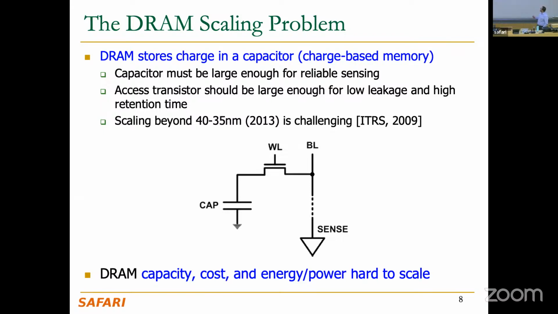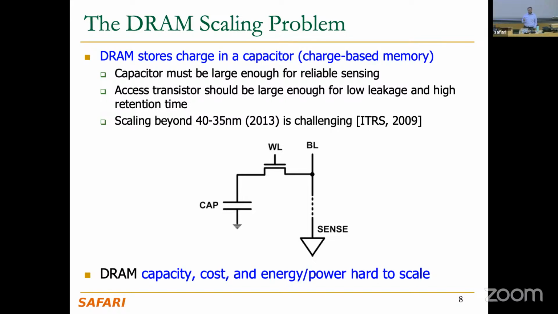This is a DRAM cell, and you store data in terms of capacitor charge here, right? So your capacitor needs to be large enough so that you can reliably sense the charge, and your access transistor should be strong. It shouldn't have high leakage, so you should be able to store this charge for a long time here.